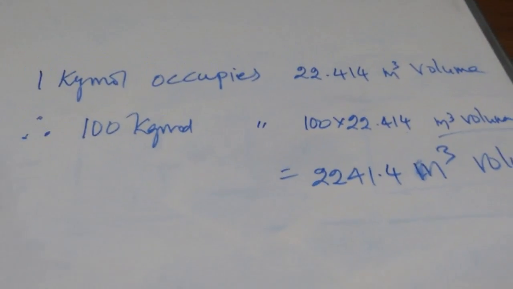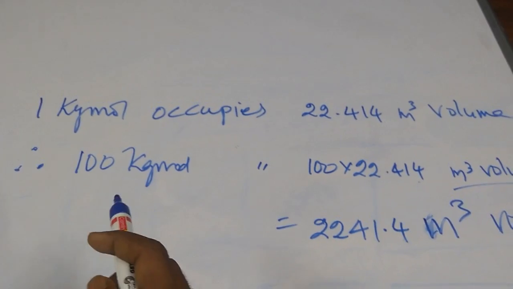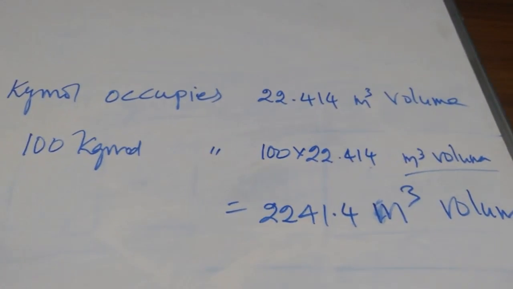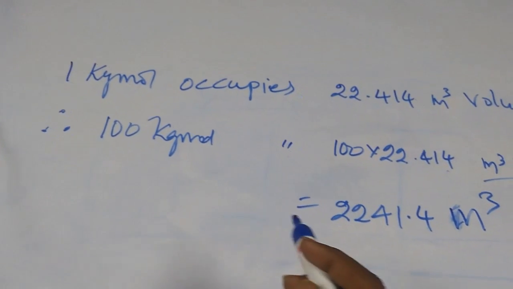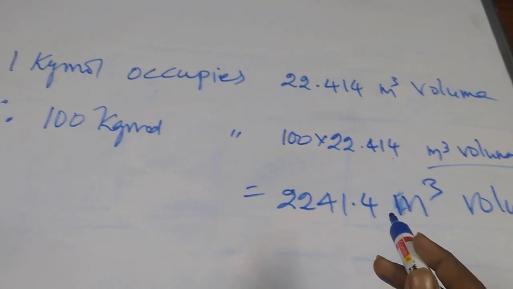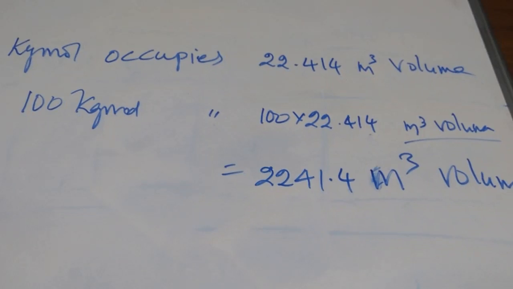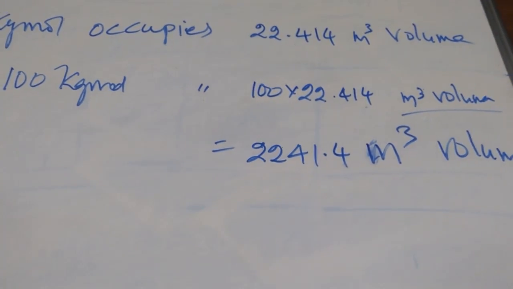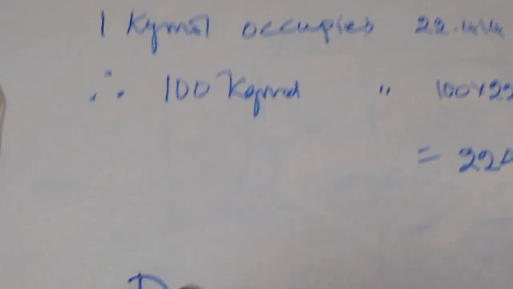So we know that 1 kg mole of ideal gas occupies 22.414 meter cube volume. Therefore 100 kg moles of ideal gas occupies 100 into 22.414, which is 2241.4 meter cube of volume. So what is density?